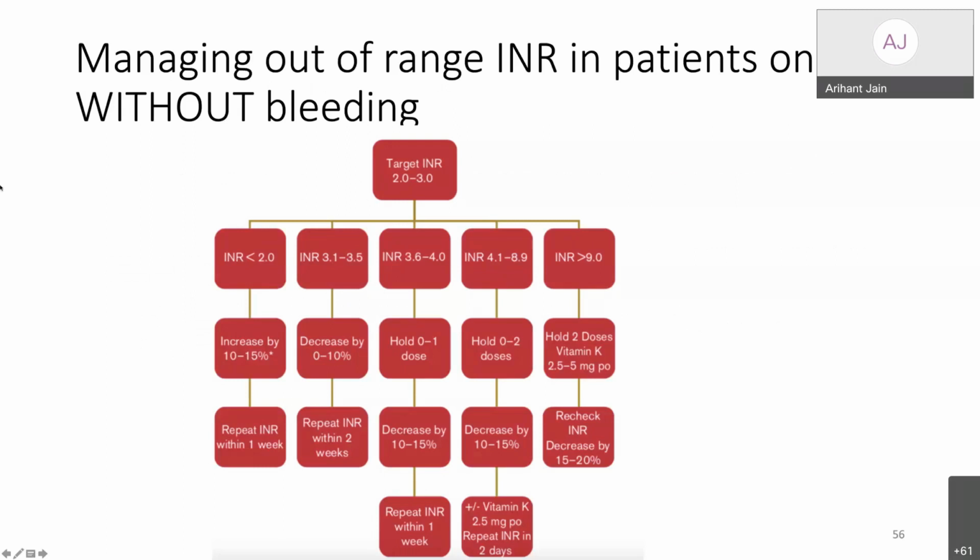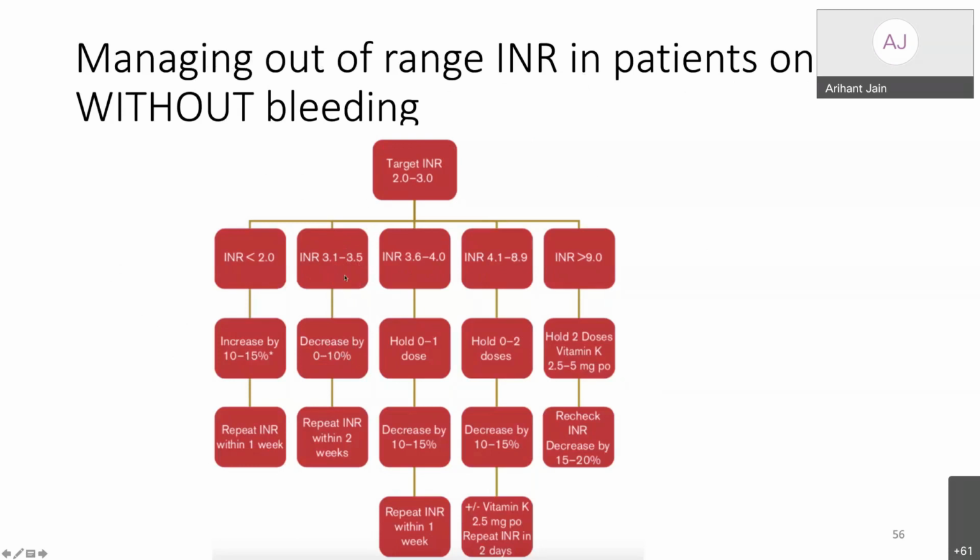So this is for warfarin. A lot of times the patients will come in the OPD with an out of range INR on warfarin, and his INR has become 3.4. So you need not stop it, you just decrease the dose by 10%. You calculate the weekly dose of warfarin.